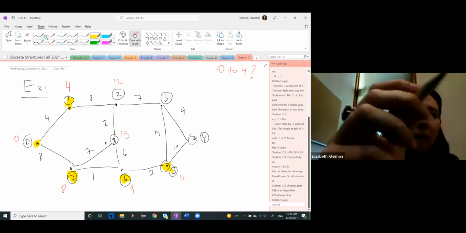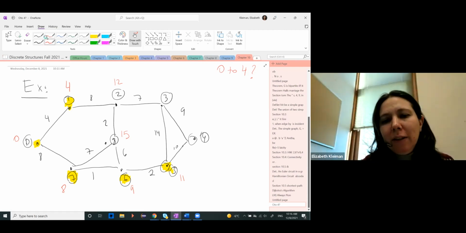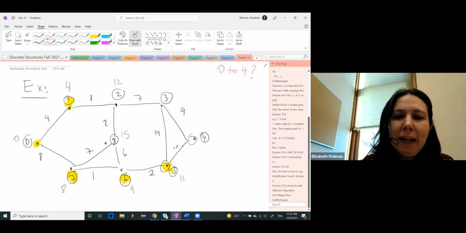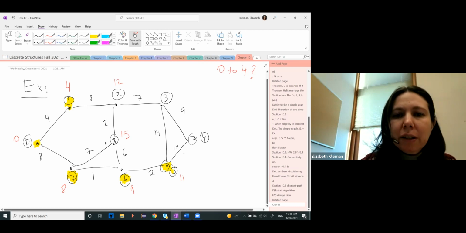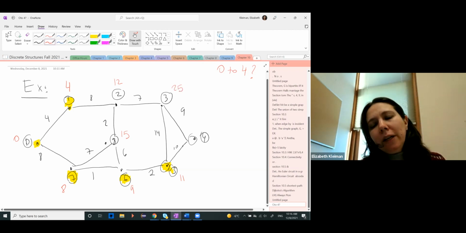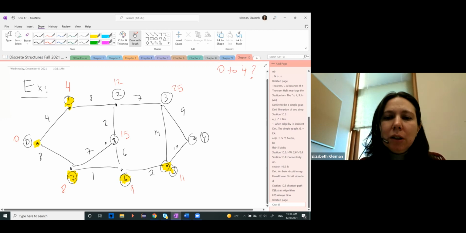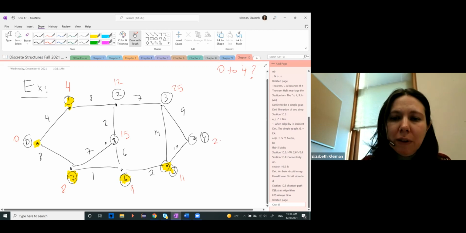So who can I get to from the 11? From the 11, I can get to node 3. So my value here is going to be 25. I can also get from node 5 to the 4. So my value here is going to be 21. Do you agree?